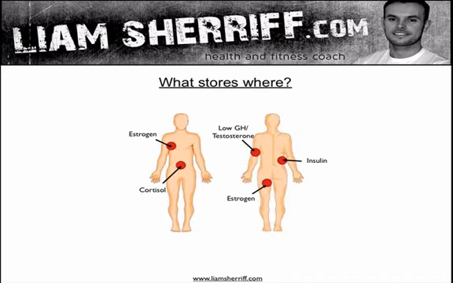Okay, so just as a quick recap from last week, this was the picture that I displayed, and what we've got here is the identification of which hormone stores fat where on your body. Estrogen is responsible for storing fat predominantly around the breast area of women, but also the pec area, or more commonly the moob area, of men, and also around the thighs, the butt and the back of the legs.